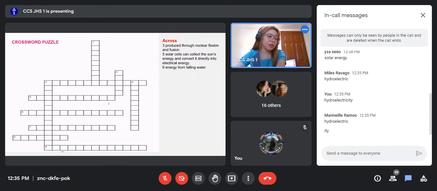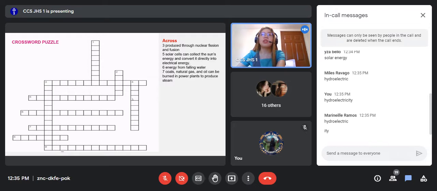Okay, very good. Correct, Miles. Hydroelectric. 2, 4, 6, 8, 10, 11, 12 boxes. So hydroelectric.